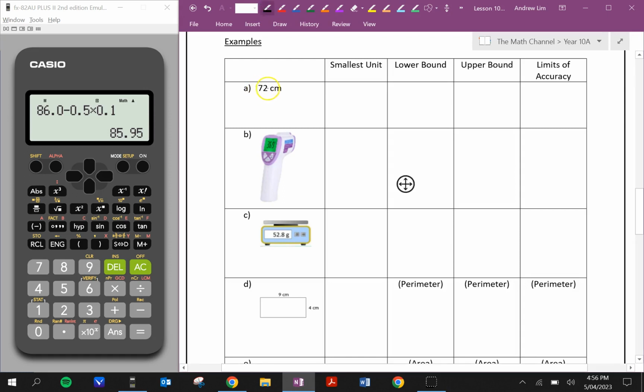That becomes a 0, but that becomes a 1. So the smallest unit is 1 centimeter. Alright. Now the upper bound is this 72 plus half of the 1. So we could do this, 72 plus half of the 1, 72.5.